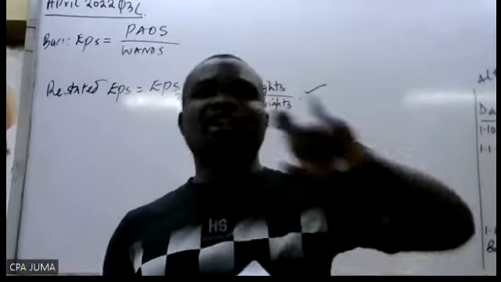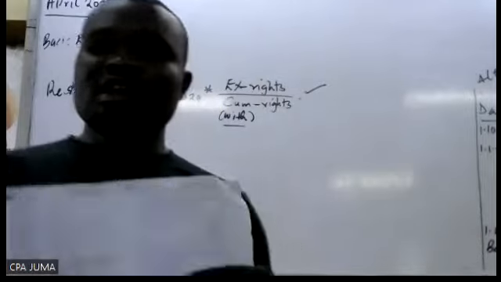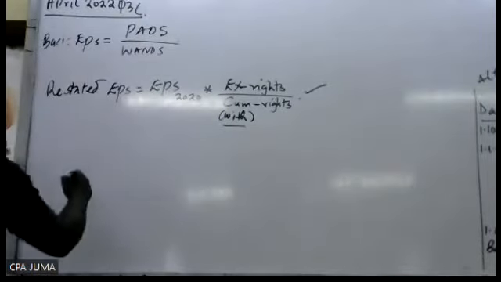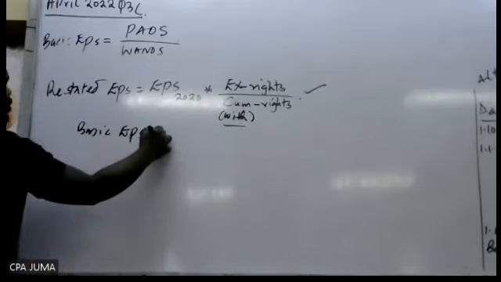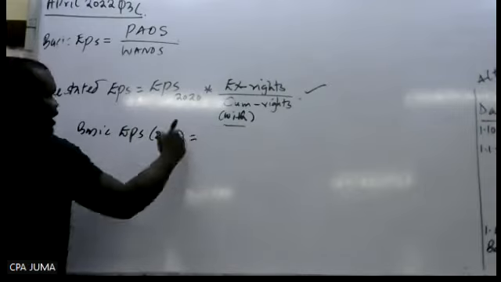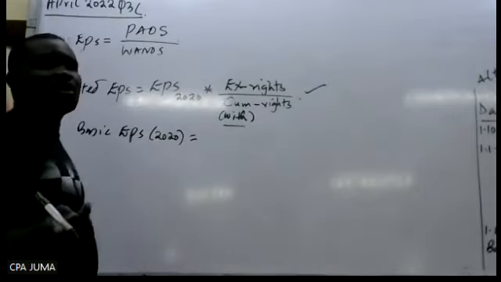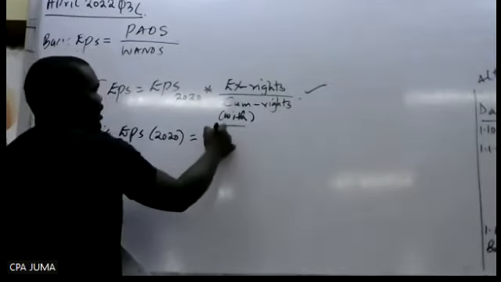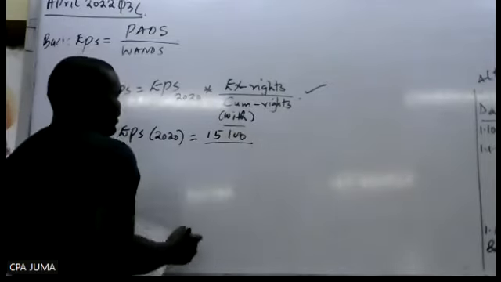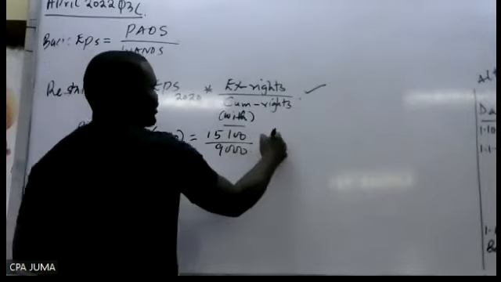So just take that profit, divide by the opening shares. So you come here and say basic EPS 2020 will be what? What was the profit 2020? 15,100 divided by 9,000. Correct.